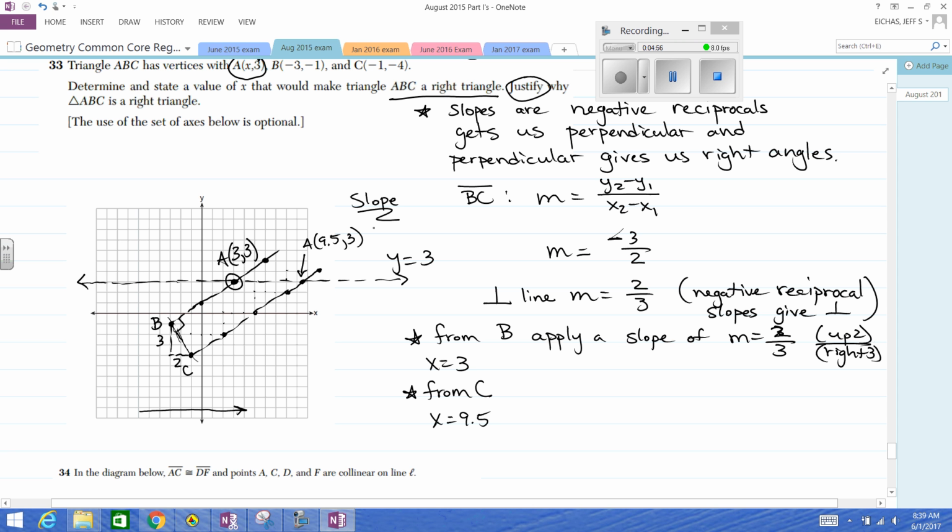Now I want to go over to Geometer's Sketchpad. Oh, by the way, that would make the right angle at C. I'm going to pick x is 3, which makes angle B the right angle.